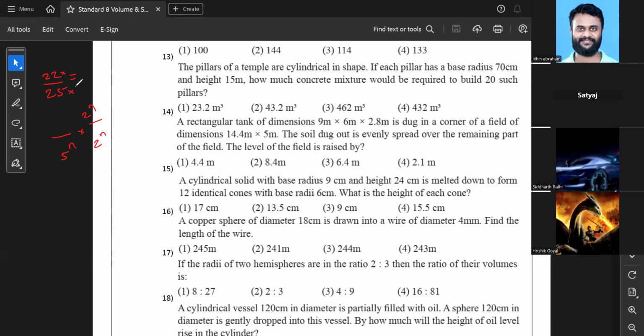In this case, 25 is 5 raised to 2, so I'll multiply by 2 raised to 2, that means 4. 22 divided by 25 was a difficult problem, but 88 divided by 100 is very easy. With mental math itself, I can find the answer: 0.88. I hope you understood what I'm trying to say.